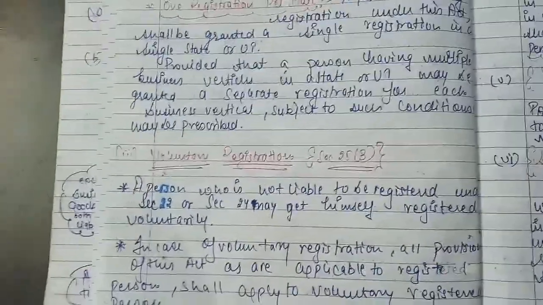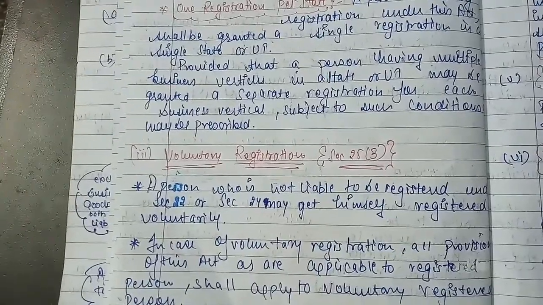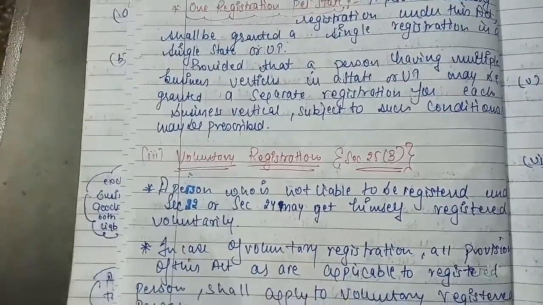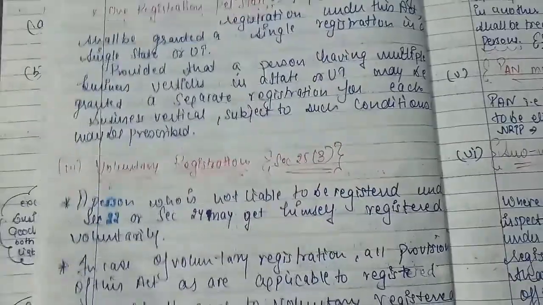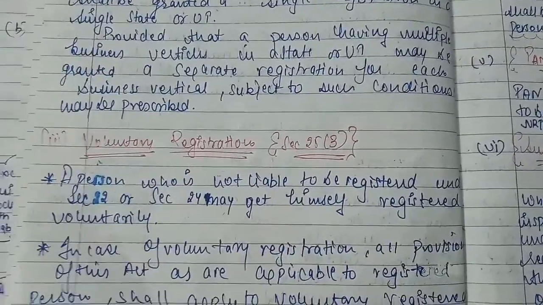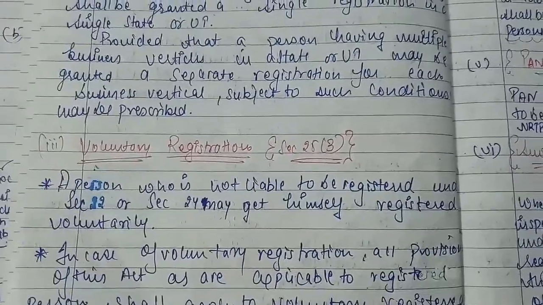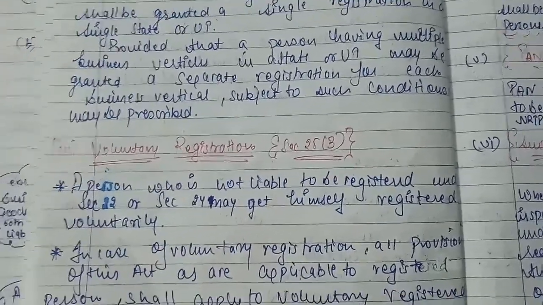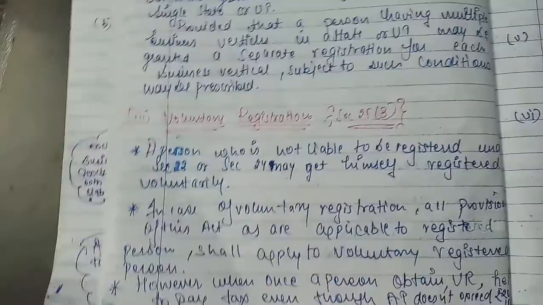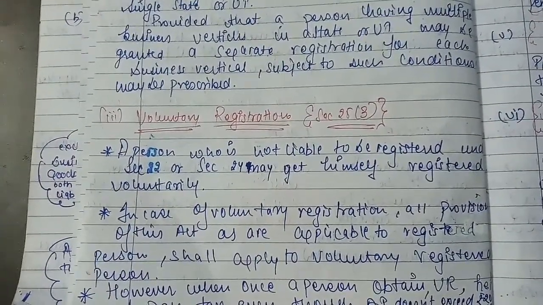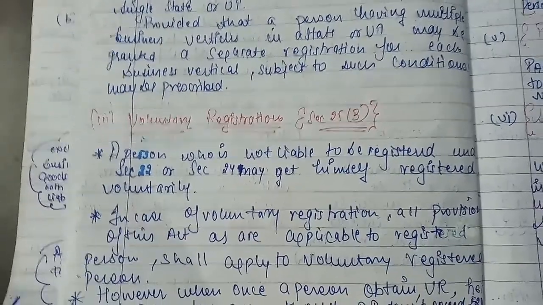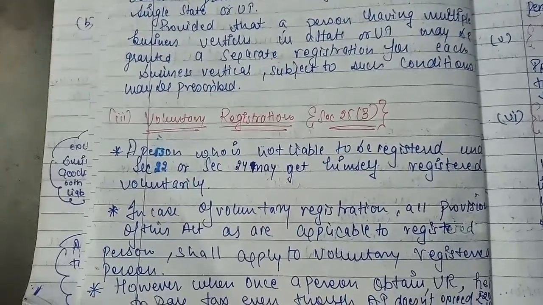Now come over to its next subsection, that is 25 subsection 3, which talks about voluntary registration. Voluntary means स्व इच्छा, मतलब अपनी इच्छा से आप कोई registration ले रहे हैं. So its first point is the person who is not liable to be registered under section 22 or section 24 may get himself registered voluntarily.